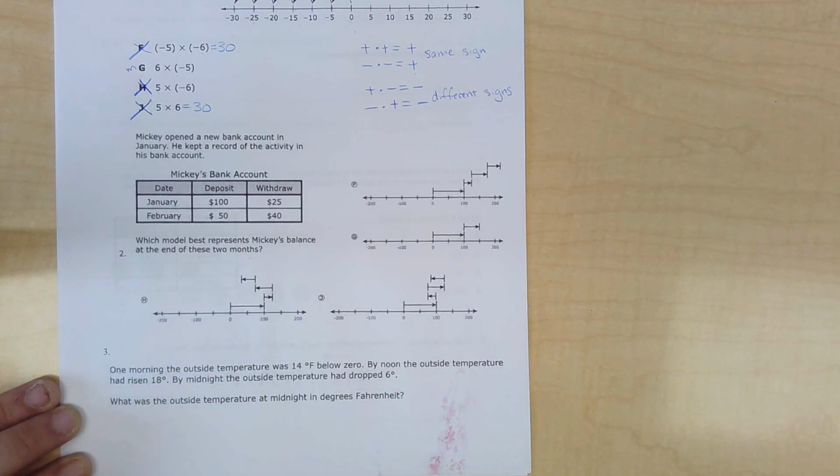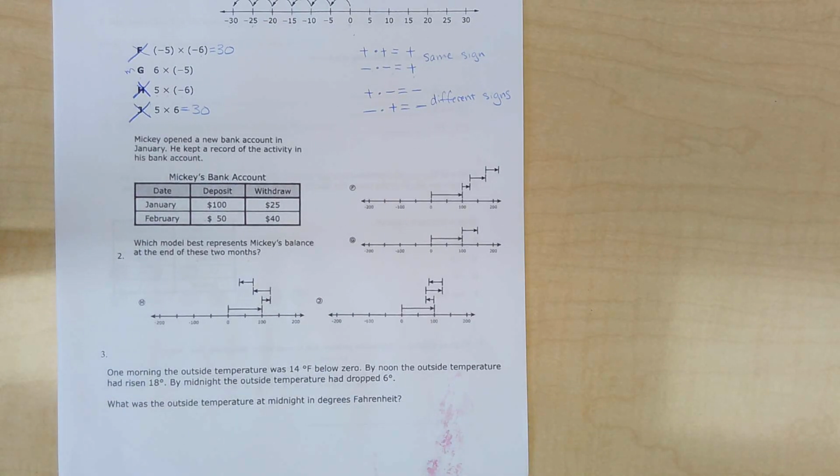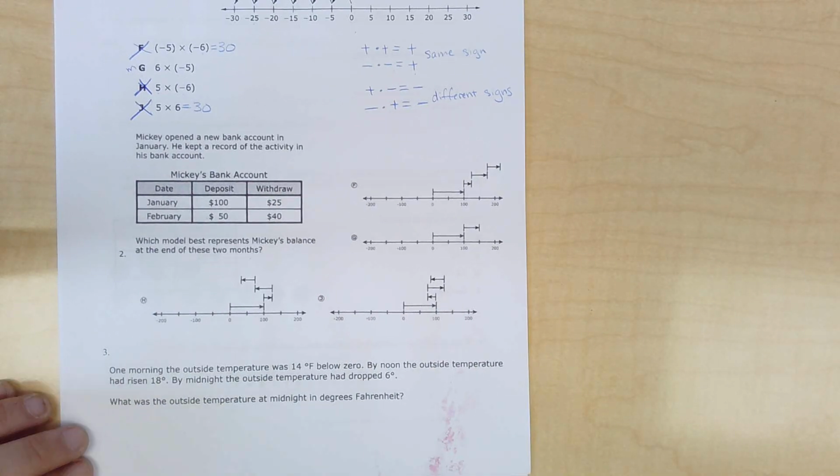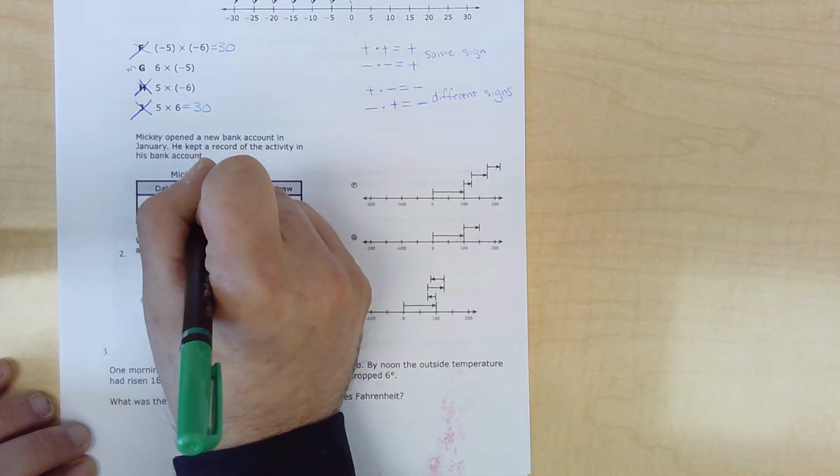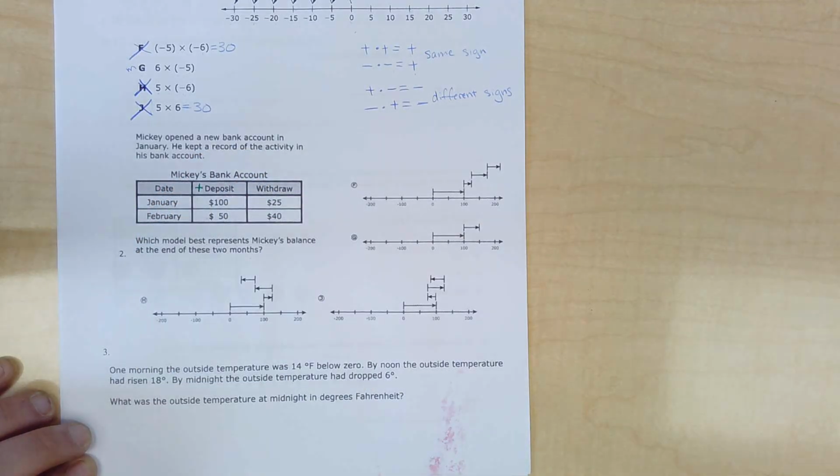So there's a couple things I'm going to do here. The word deposit, okay? To me that stands out a little bit because a deposit is always going to be a positive value. If they're saying that Mickey deposited $100 into his bank account, he added that $100 into his bank account.